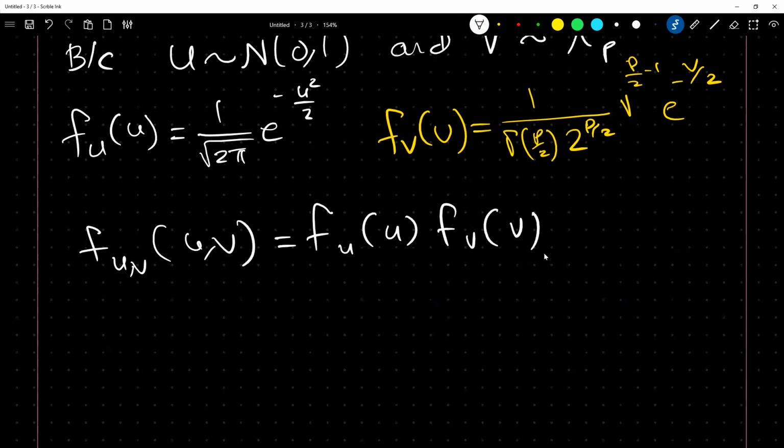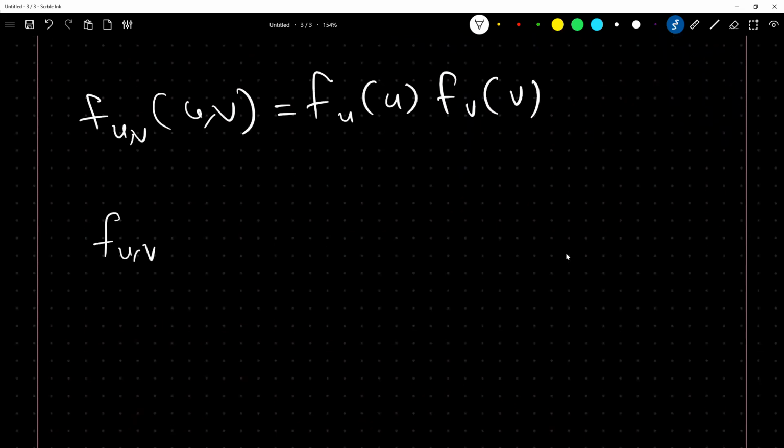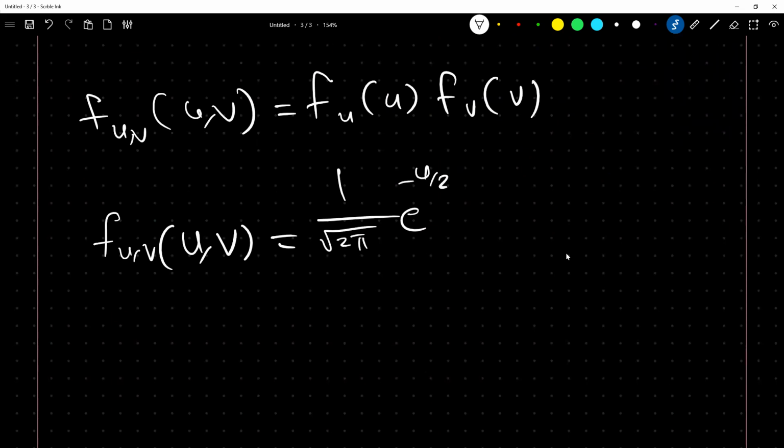So f of u v is equal to 1 over the square root of 2 pi times e to the minus u squared over 2, and now my chi-squared distribution, 1 over gamma of p over 2, 2 to the p over 2, v to the p over 2 minus 1, and then e to the minus v over 2. Okay, so that's my joint probability density function.